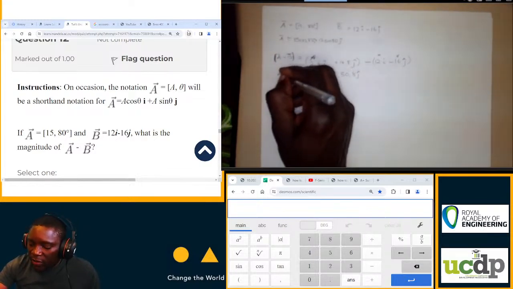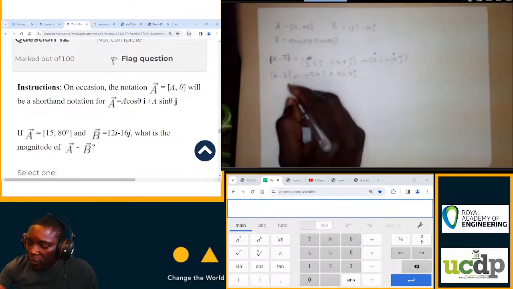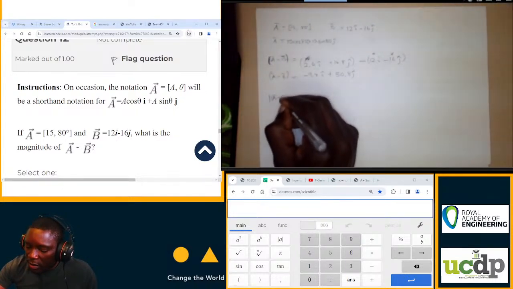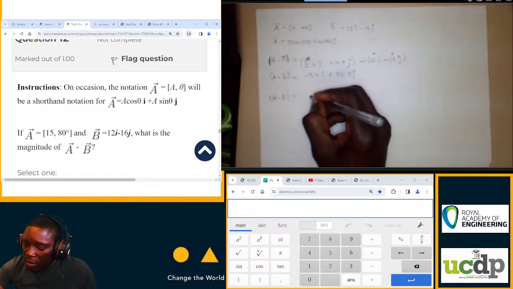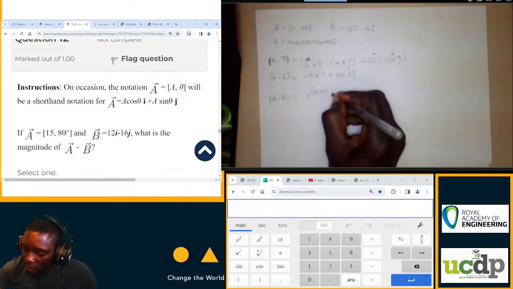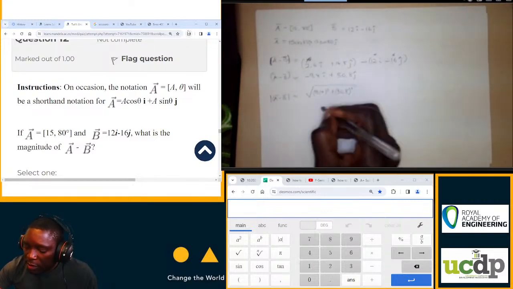Okay, so this is vector A minus vector B in vector form, and the magnitude of this vector will be the square root of negative 9.4 all squared plus negative 1.2 all squared.